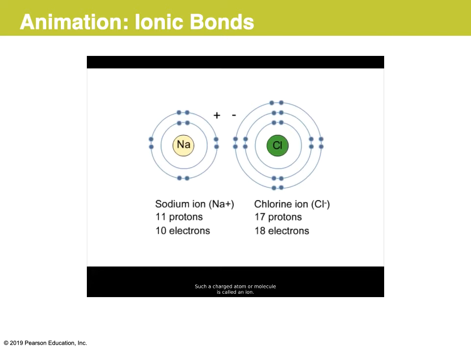Such a charged atom or molecule is called an ion. In this case, a negative ion. The sodium atom has lost an electron, leaving it with an extra proton, which has a positive charge. The sodium atom has become a positive ion. Ions with opposite charges are attracted to each other, forming an ionic bond. These ions combine to form a compound with new properties. In this case, sodium chloride, ordinary table salt, is formed.